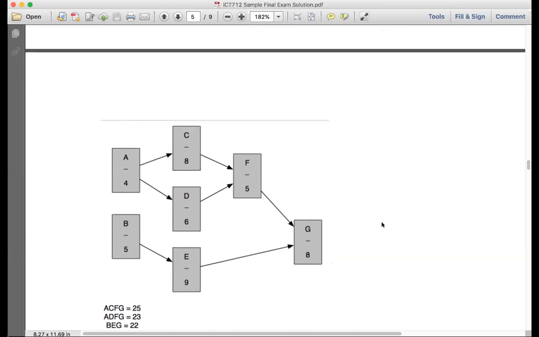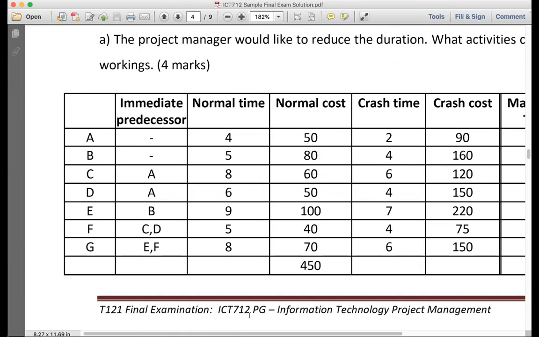So for 25 days duration of the project, how much will the project cost me? For a project that is currently taking 25 days, how much is it costing me? How much is the project costing me? It is costing me what you guys have already calculated.